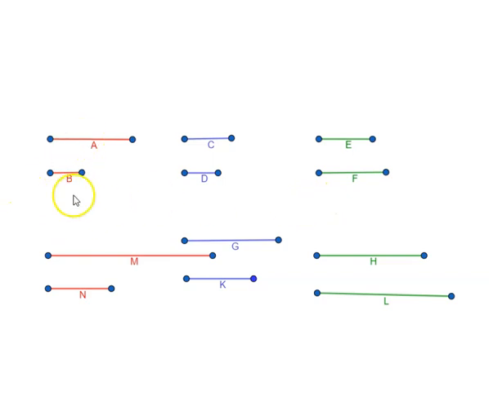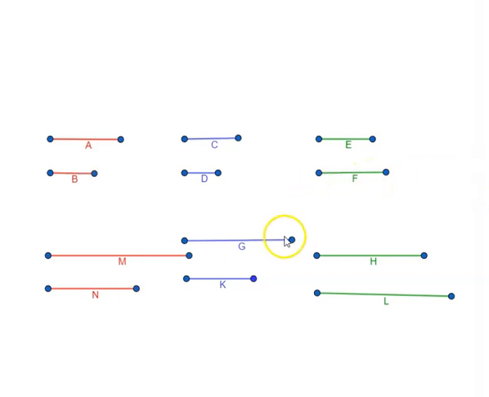Now we are given that A is to B is equal to C is to D. Remember, A and C may not be equal, but the ratio of A to B and of C to D is equal. And we are given that C is to D is greater than E is to F.